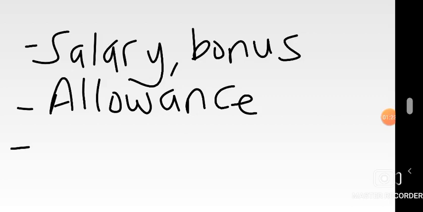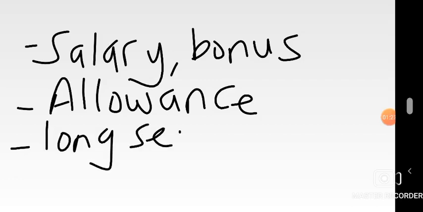There's what they call long service awards, such things like long service. These are just allowed for tax purposes. One other thing we can look at: if we look at the long service awards and allowances, and when we say allowances, all those that will be including that detail of allowance at the end, that's what we mean.